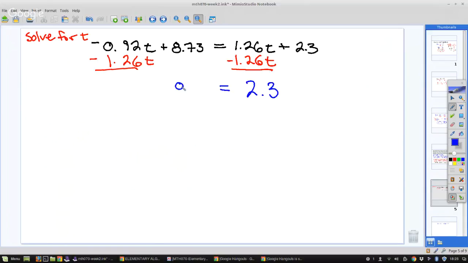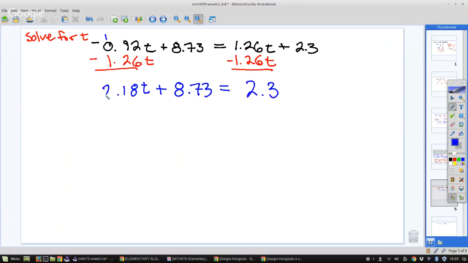On the other side, the 8.73 is just chilling out, waiting to do something. And now I have to bring these guys together. So 200ths and 600ths is 800ths. The t is still chilling out there. Notice I put a little hook on the bottom of my t, so I don't ever confuse it with a plus. 9, 10, 11, carry the 1.